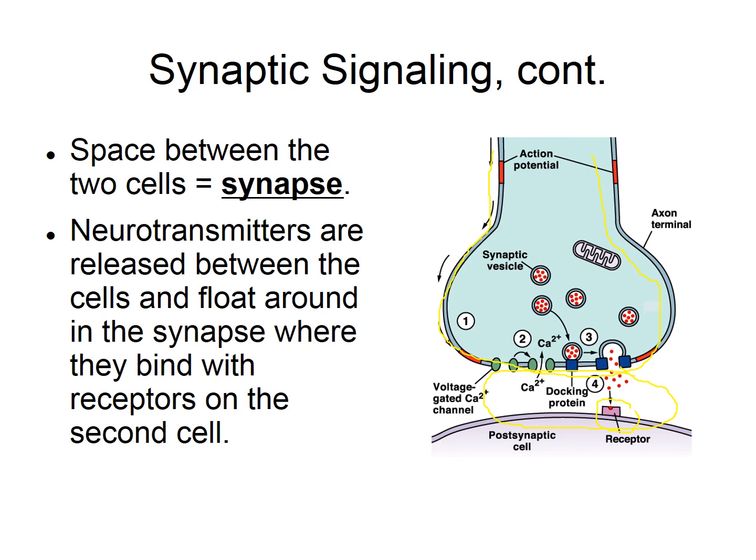Now sometimes the message doesn't get efficiently sent. You may have heard of a medication known as an SRI or an SSRI. And what that stands for is a serotonin reuptake inhibitor. So what's that all about?